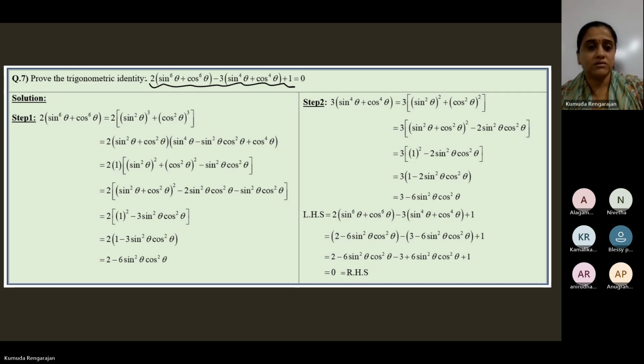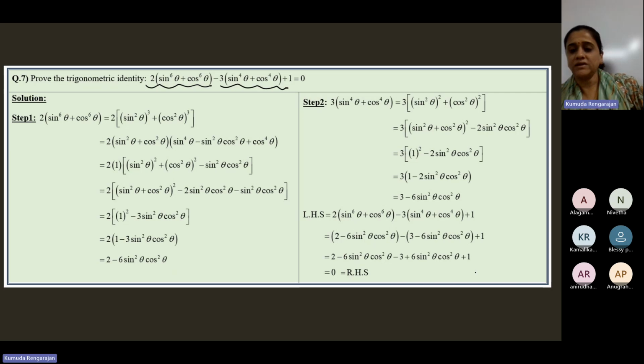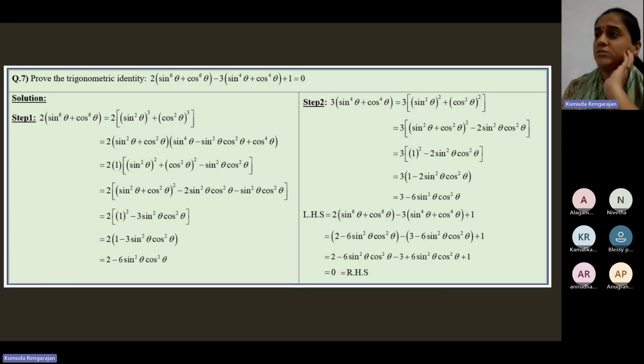I have done it in parts. I've worked this one, then I have worked this one, and then put everything together. Do this. Just write from the board, and as you write, understand what you're writing.